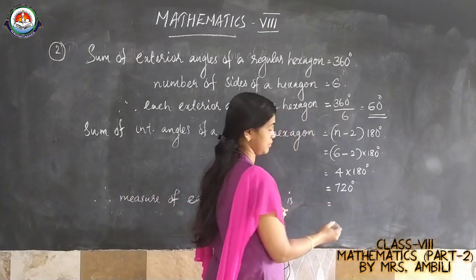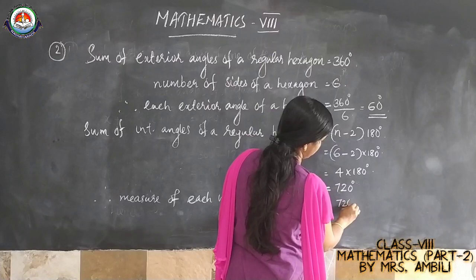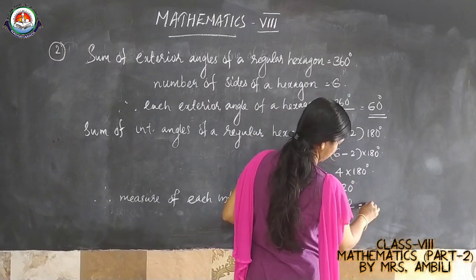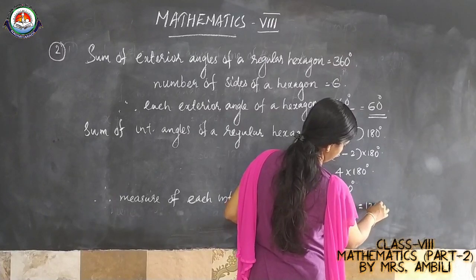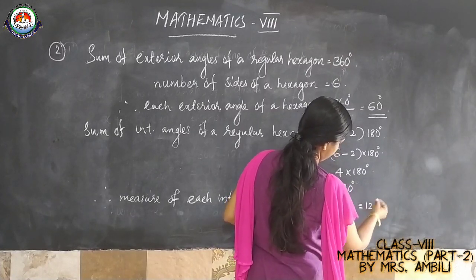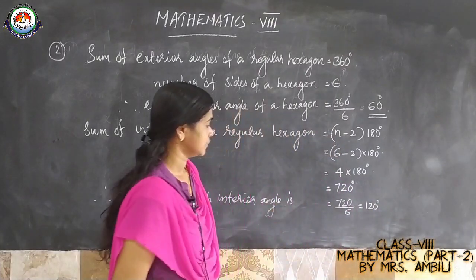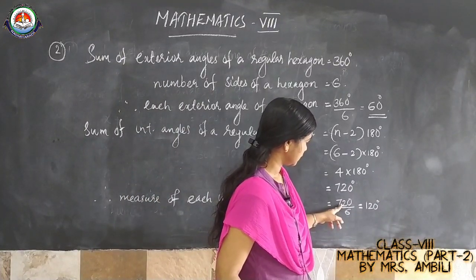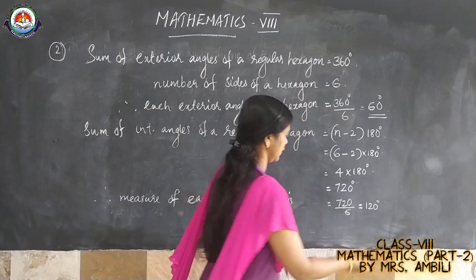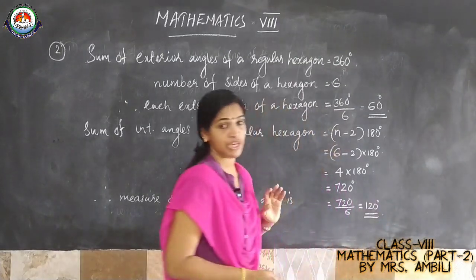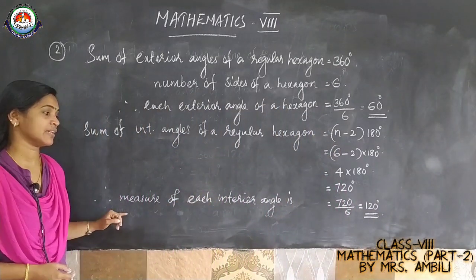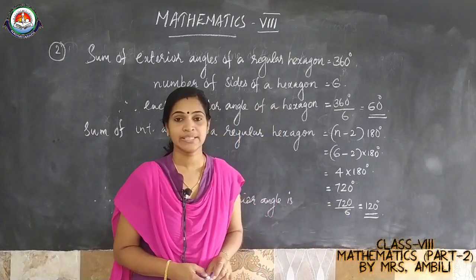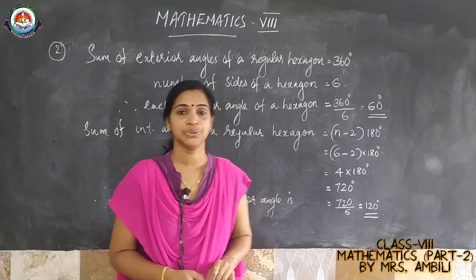How will we find it? 720 divided by 6 gives 120 degrees. So the measure of each interior angle is 120 degrees.